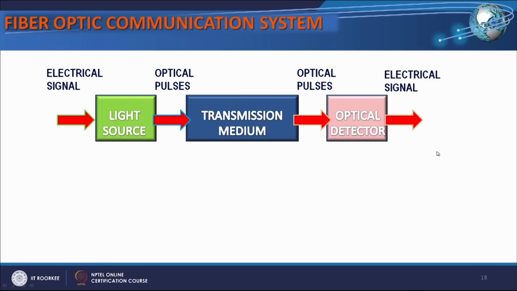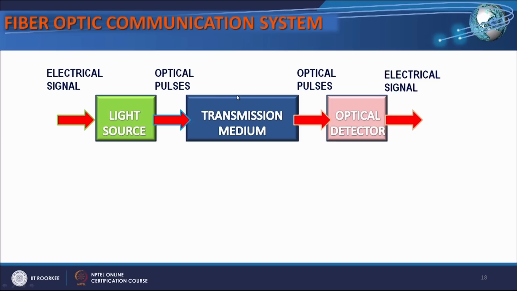So, we have three primary components here: light source, transmission medium and optical detector, and we are going to study about this. We are going to study individually the light source, transmission medium and optical detector, and then the system as a whole. The transmission medium is optical fiber.